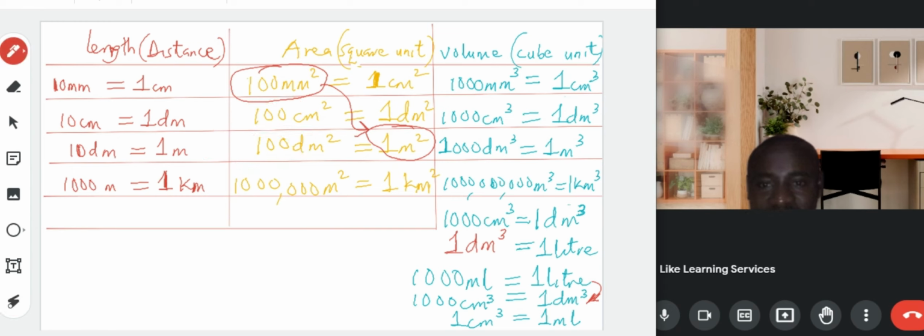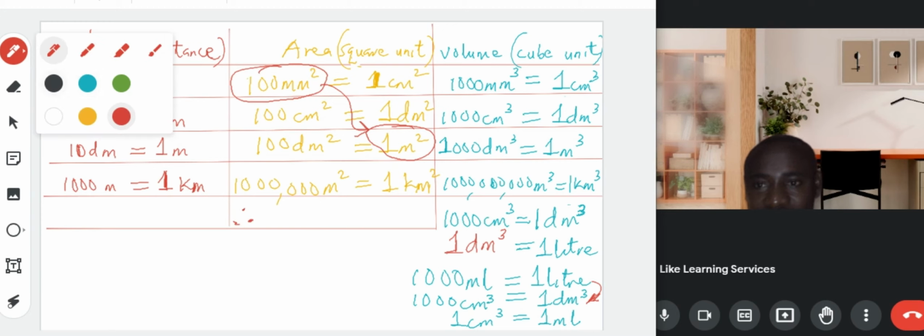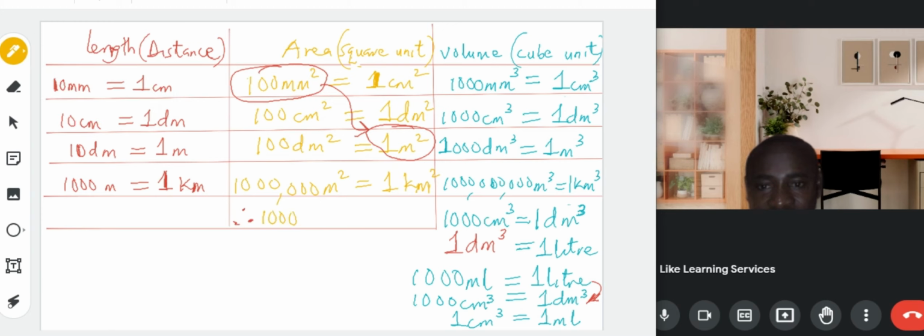Therefore, 1 million millimeter squared is equal to 1 meter squared, because 100 millimeter squared is 1 centimeter squared, 100 centimeter squared is 1 decimeter squared, 100 decimeter squared is 1 meter squared. So from millimeter squared straight to meter squared, it will be 100, 100, 100, which is 1 million.